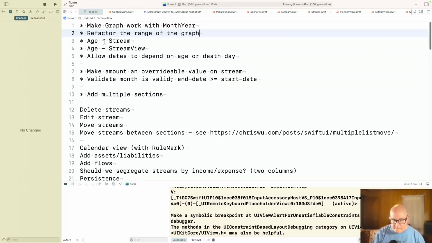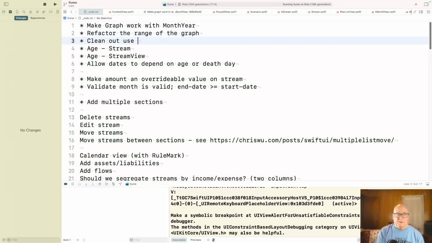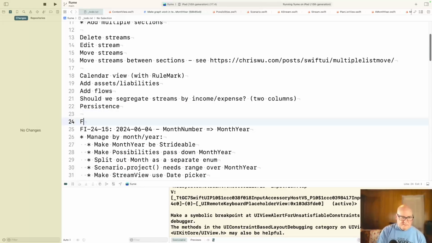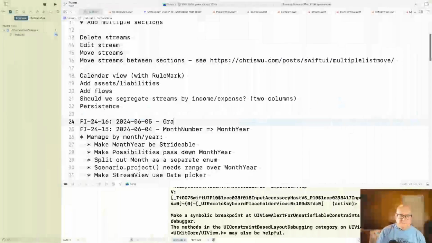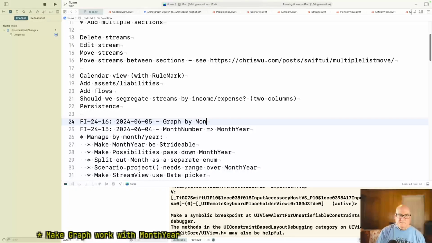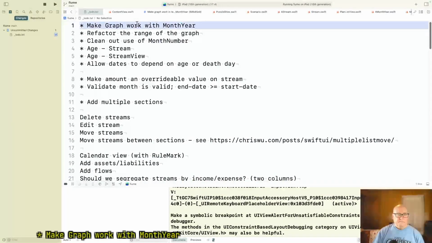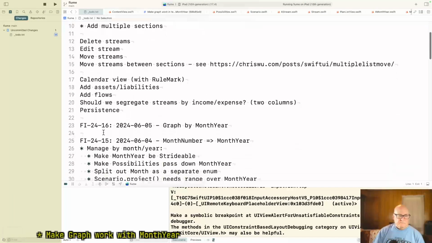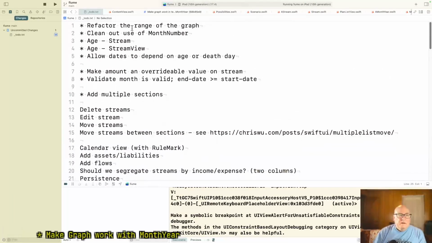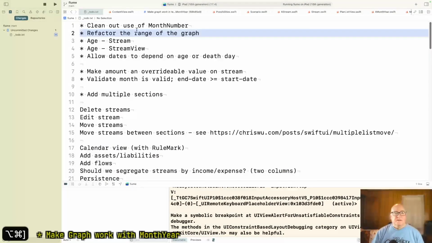Then we need to clean out use of month number. Okay, now the first one's done. And actually, I'll save this one. Let's get the month number stuff done first.